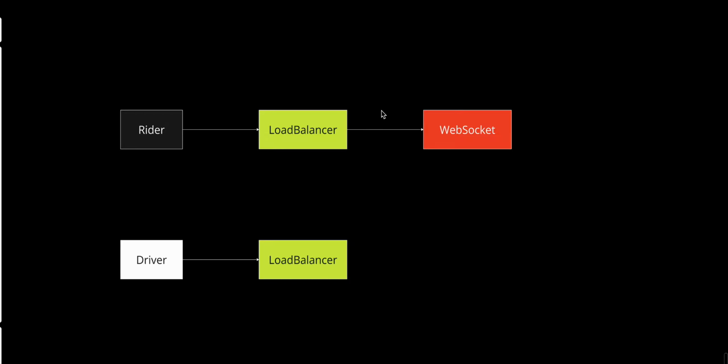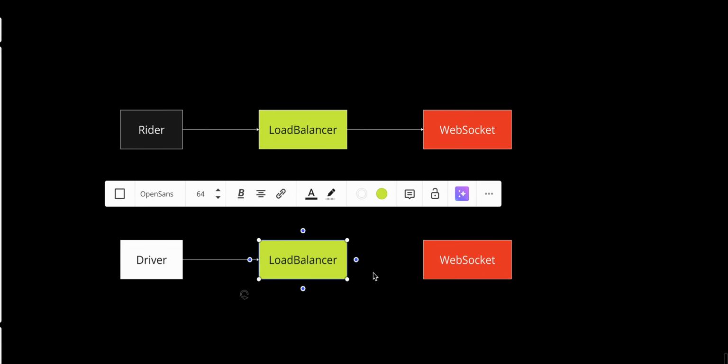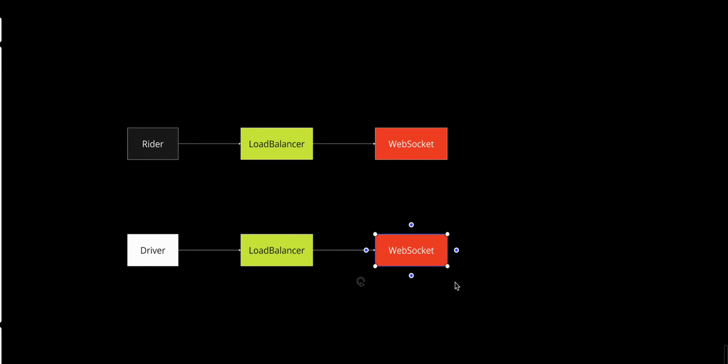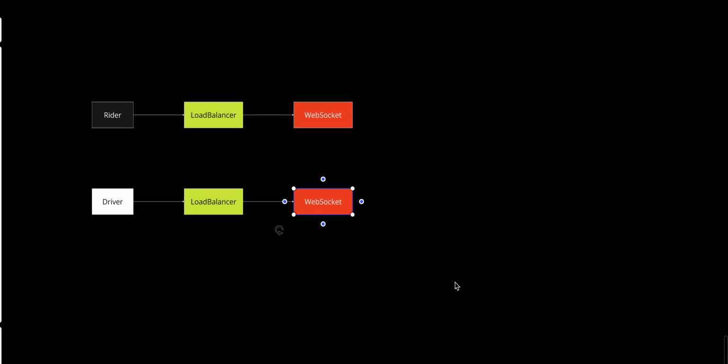For the riders, it will provide real-time updates for driver location, the ETA, and ride status. For the driver, it will provide instant notifications for ride requests and real-time navigation updates. Also, the WebSocket server will serve the driver section.